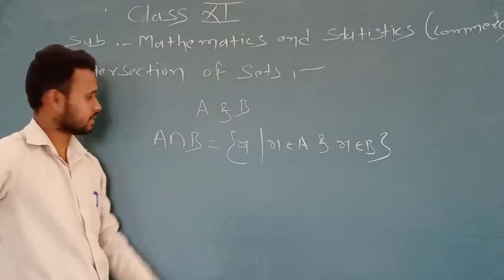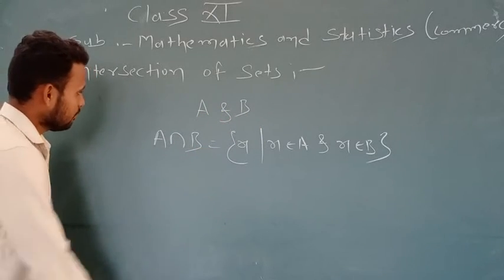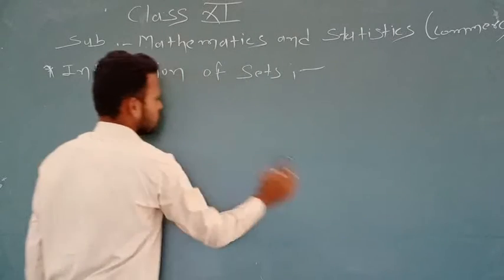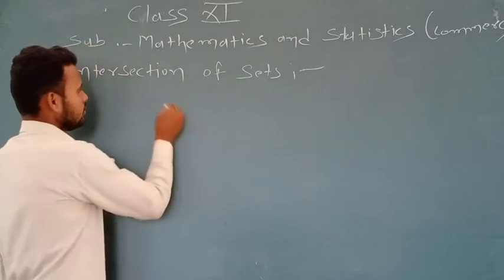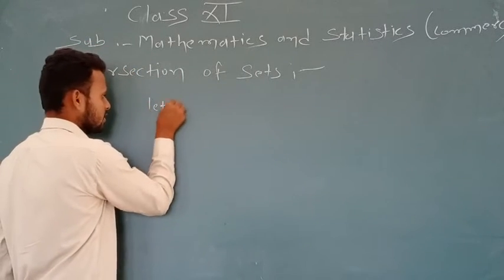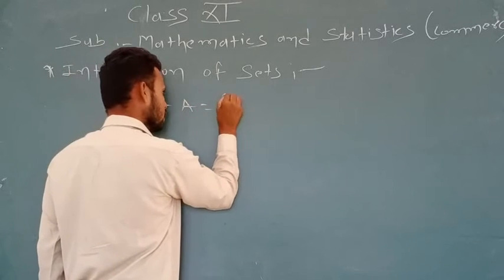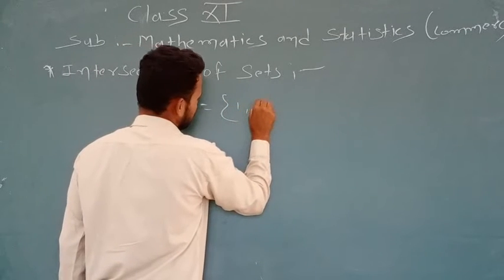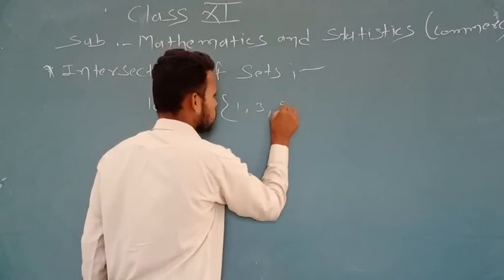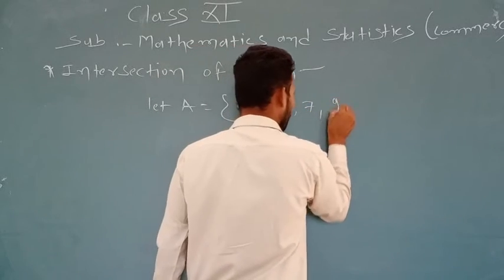Now, an example. Let set A equal the set containing the elements 1, 3, 5, 7 and 9.